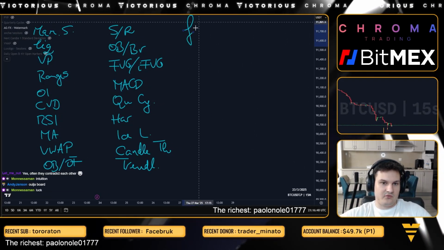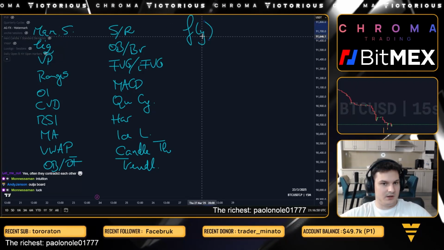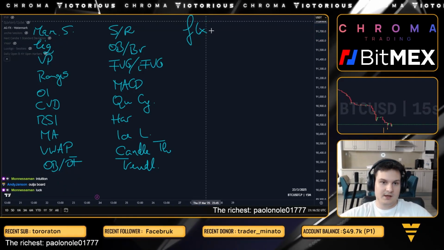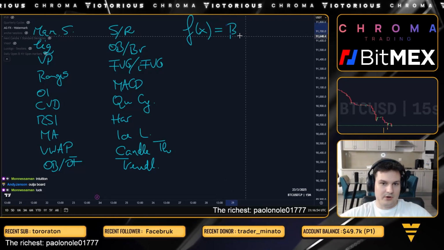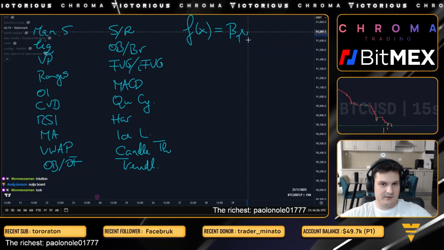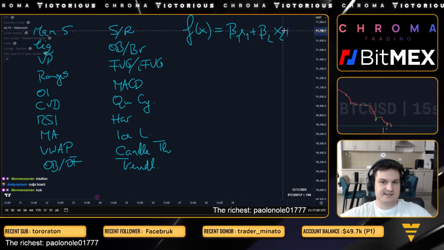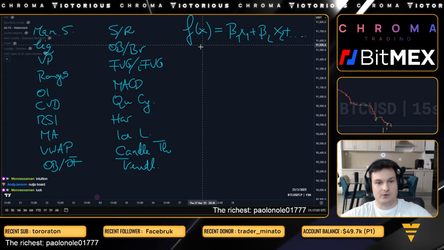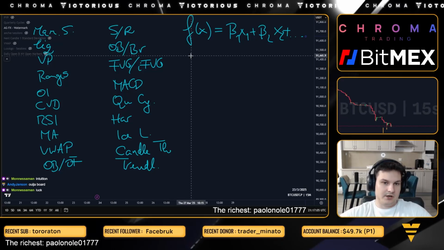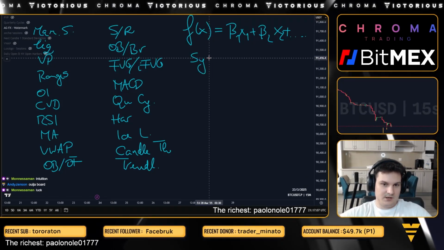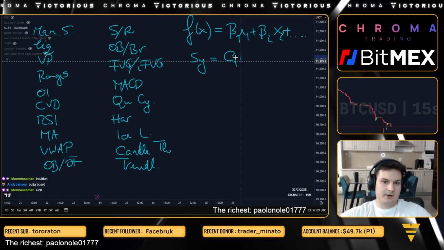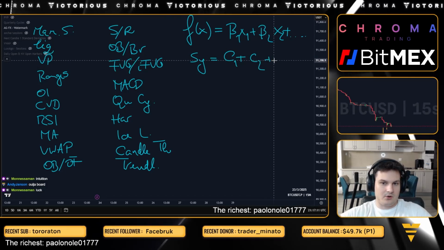So like f, the function of the variable x, is a component of many x's, like something like this. And this is basically our trade. So in our case, it's gonna be our system that's built from component 1 plus component 2 plus so on.